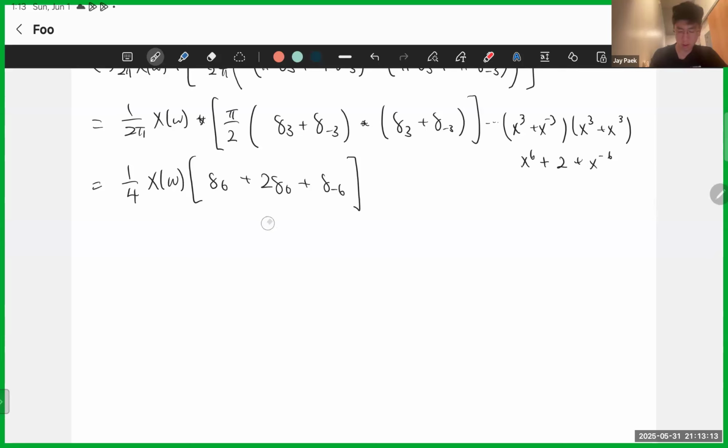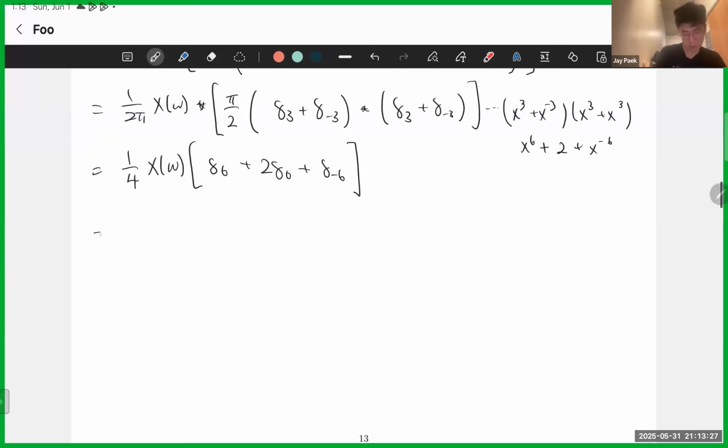It's exactly the same here: I get 1 at 6, 2 at 0, and 1 at -6. Getting used to these delta function convolutions will be very helpful. Anyways, now I just want to finish it off by realizing that I'm convolving a function with a bunch of deltas. And so there's just X of omega plus -6 plus 2X of omega.